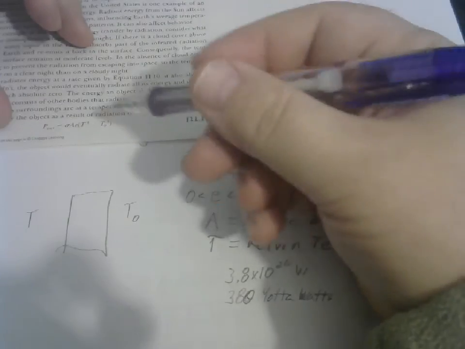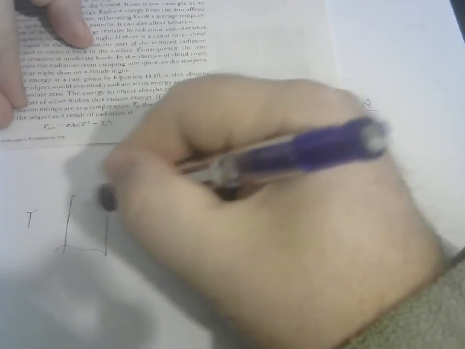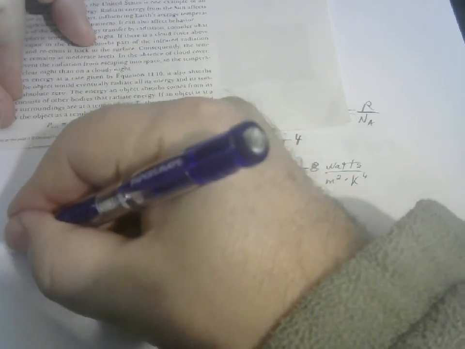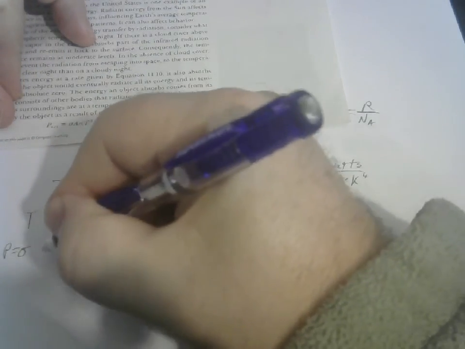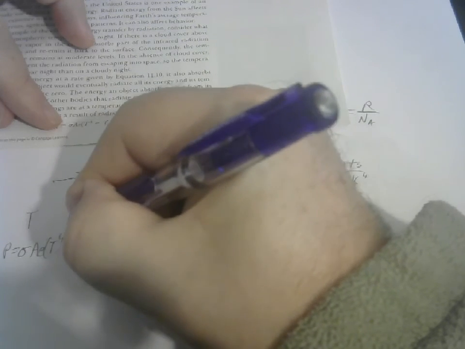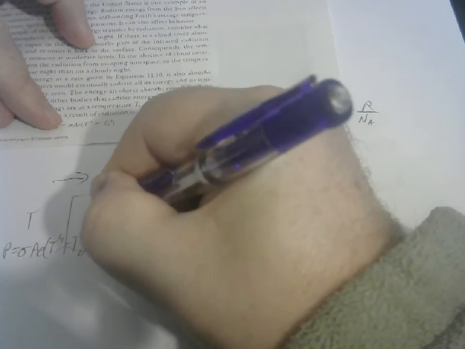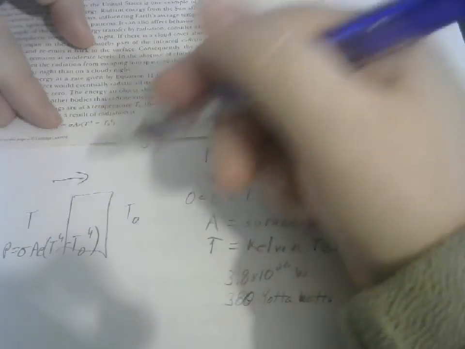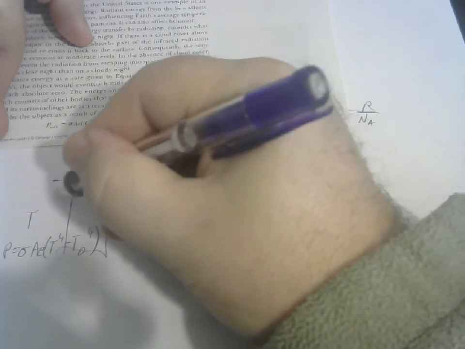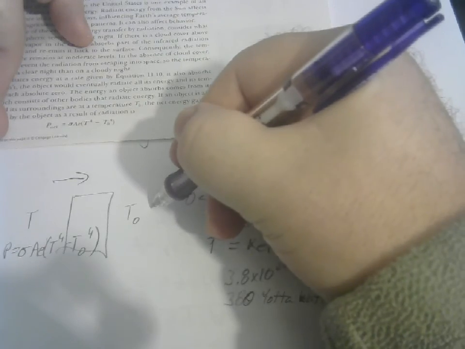So we have a net power coming in of, let's see, if the power is going that way, then the power is equal to sigma A E T to the 4th minus T sub naught to the 4th. So that is a description of how much power is going from this region to this region.